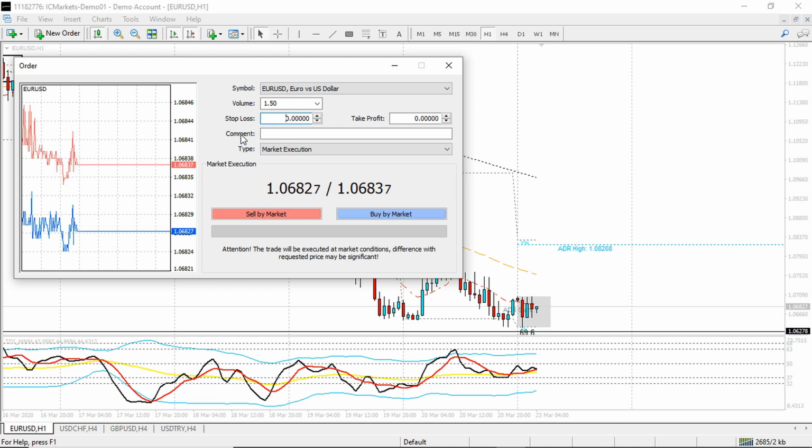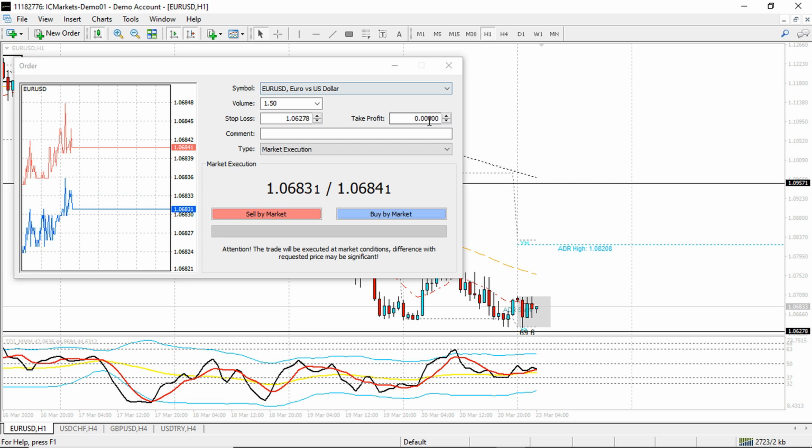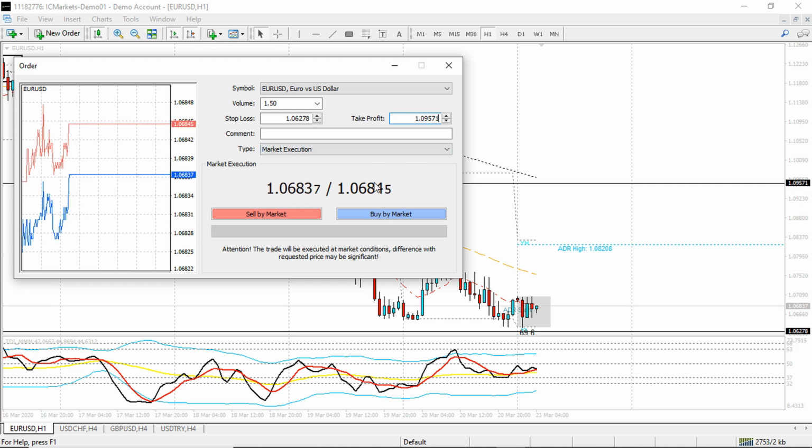What you just do is type it in: 1.06278 is your stop loss, and a take profit of, let's say, 1.09571. So remember, it's an instant execution and we want to buy in this case.